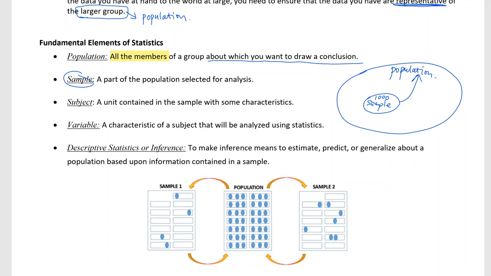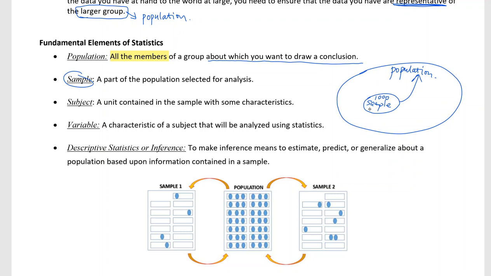Got the idea? All right, so let's talk about the relationship here. First, we want to make the conclusion about the population, but we do not have enough time or enough money to collect every piece of information in the population. Then we collect a representative sample. Normally, we just randomly select the sample.